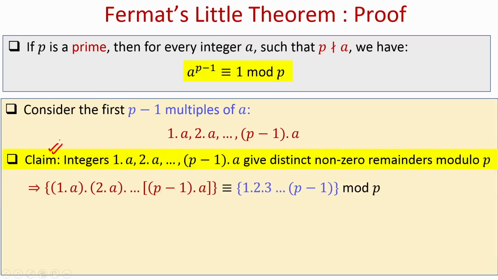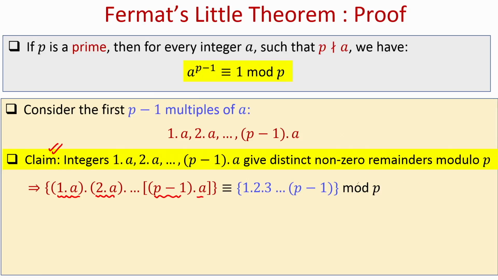Okay. Now, my claim is that if you multiply these P minus 1 multiples of A, okay, so you have 1 time A, 2 times A, 3 times A, up to P minus 1 times A, if you multiply them, you will get one number.